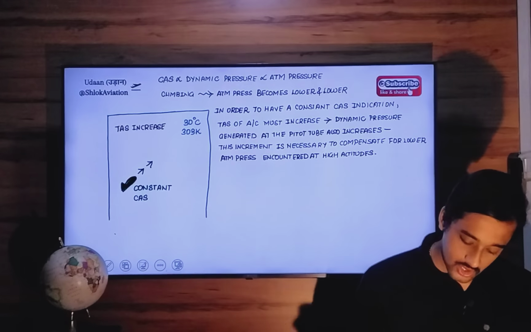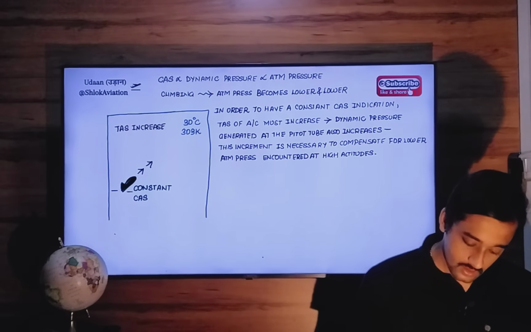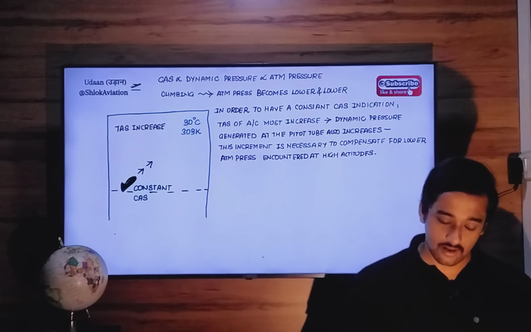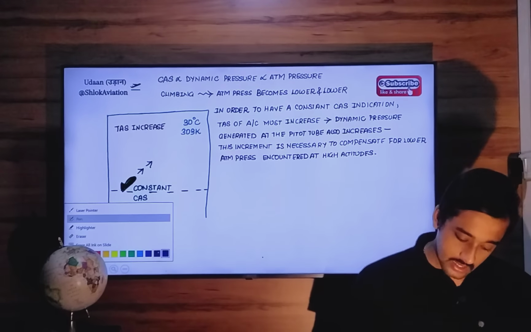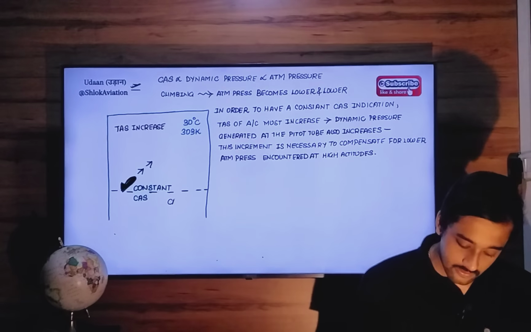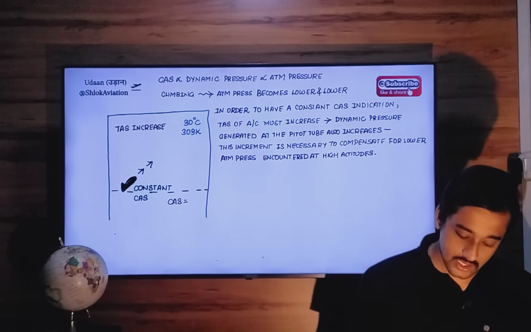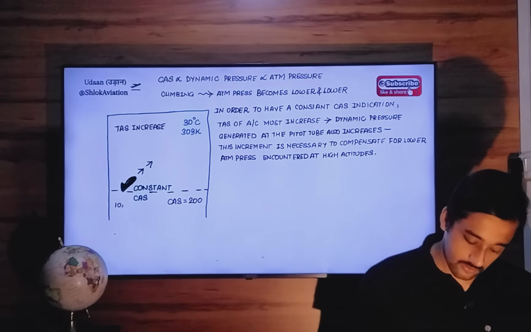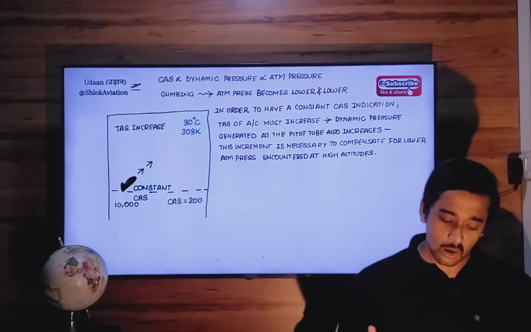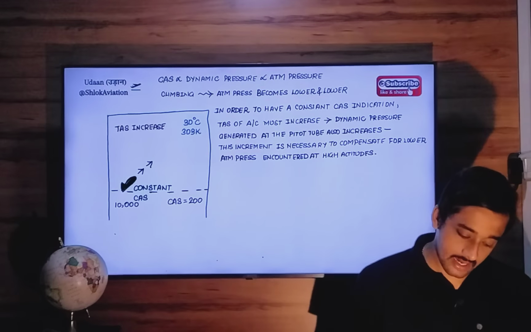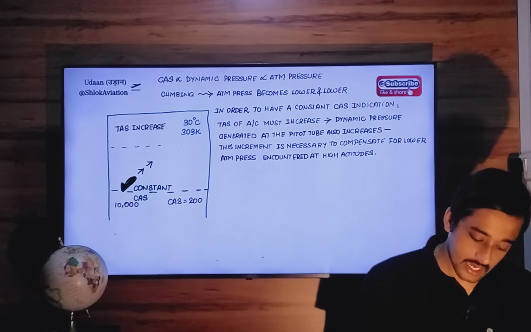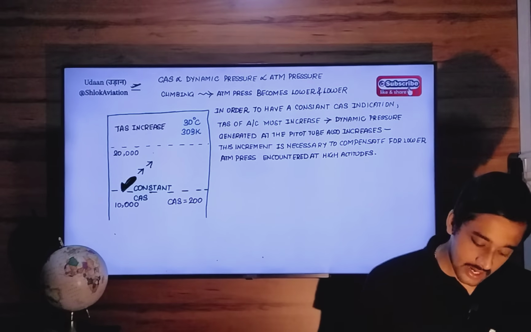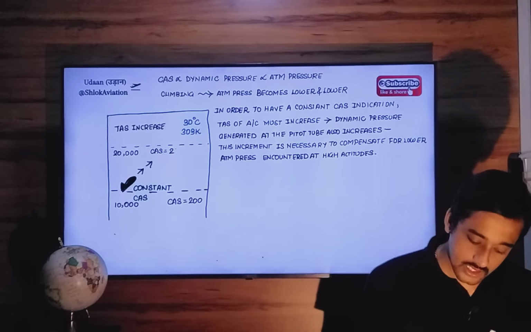At this level, let's say 10,000 feet, the calibrated airspeed of your aircraft is 200 knots. Outside temperature 30 degrees Celsius. Now it climbs to a higher altitude of, let's say, 20,000 feet, with calibrated airspeed constant at 200 knots.